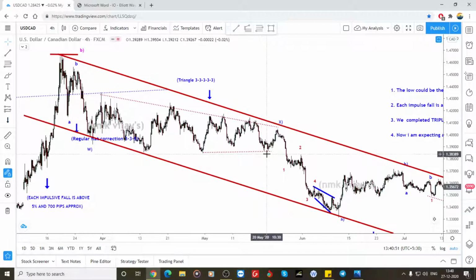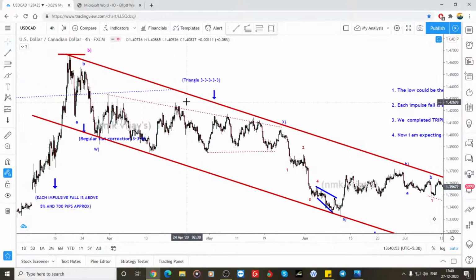In this triangle, the C wave is not allowed to break above the A wave. Even one pip is counted, that is invalid. Try to understand that in this triangle, only the B wave can travel below the A wave, and the rest of the waves C, D, E are not allowed to cross above the high or low.